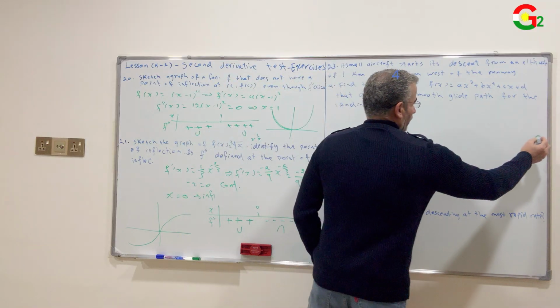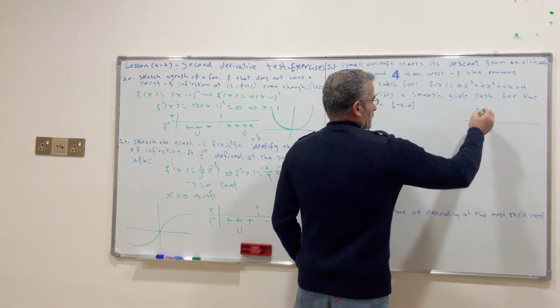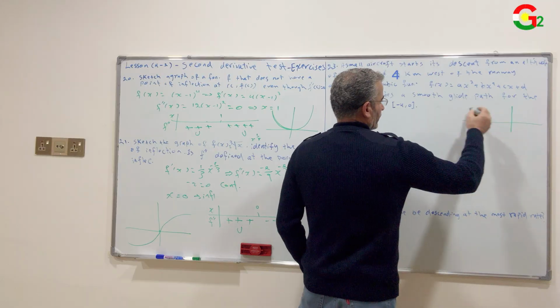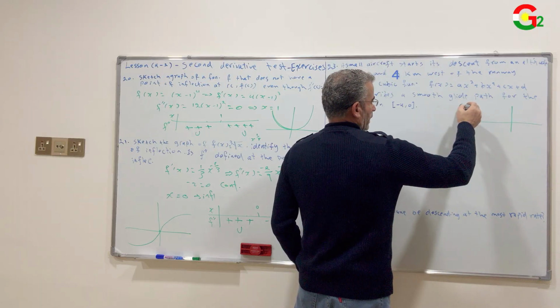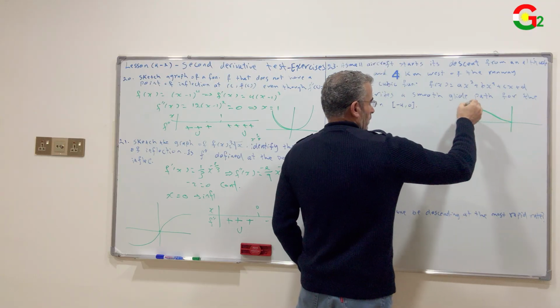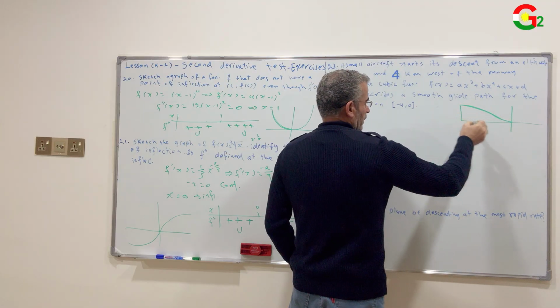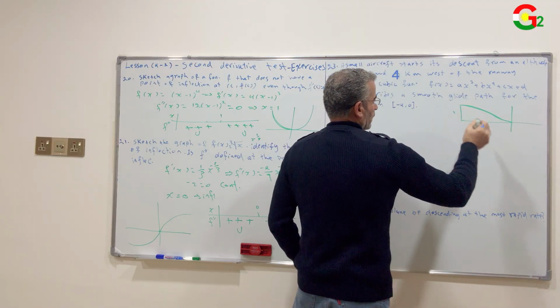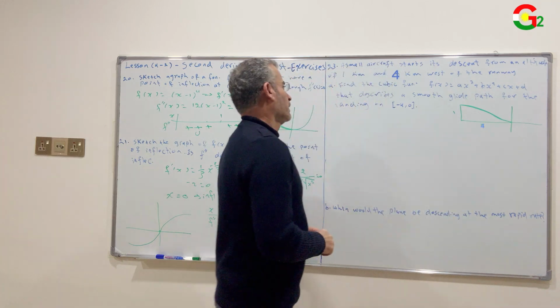This is the graph of this function. This is the plane at an altitude of 1 kilometer, 4 kilometers west of the runway.